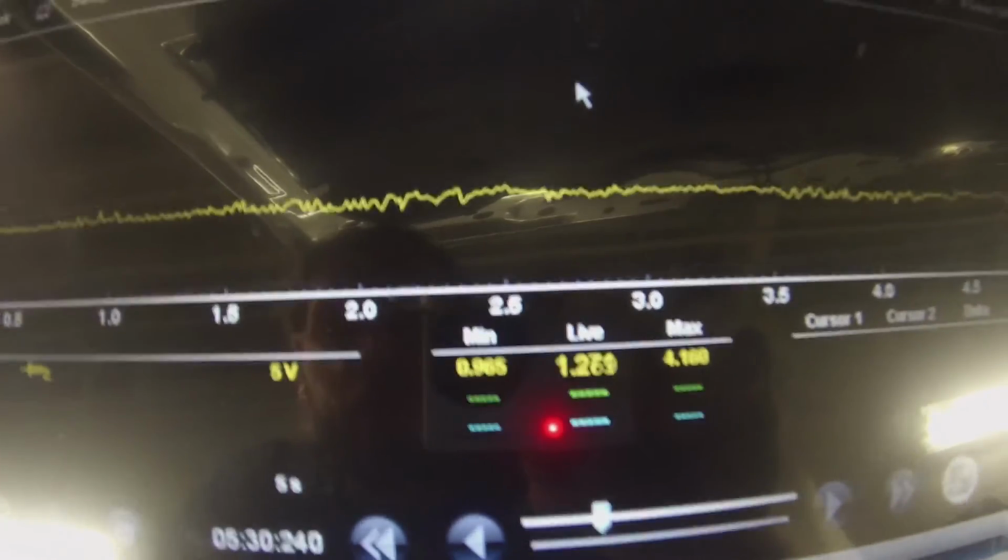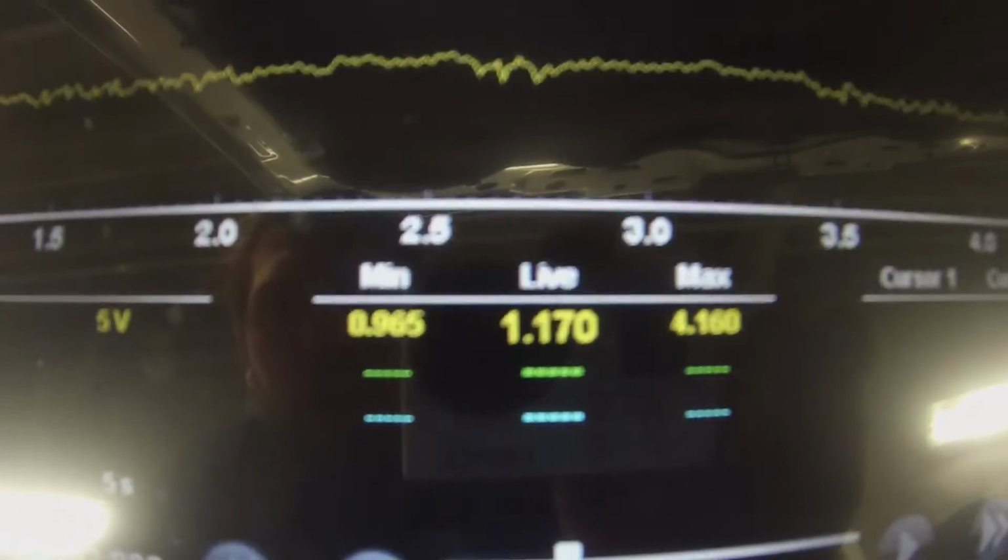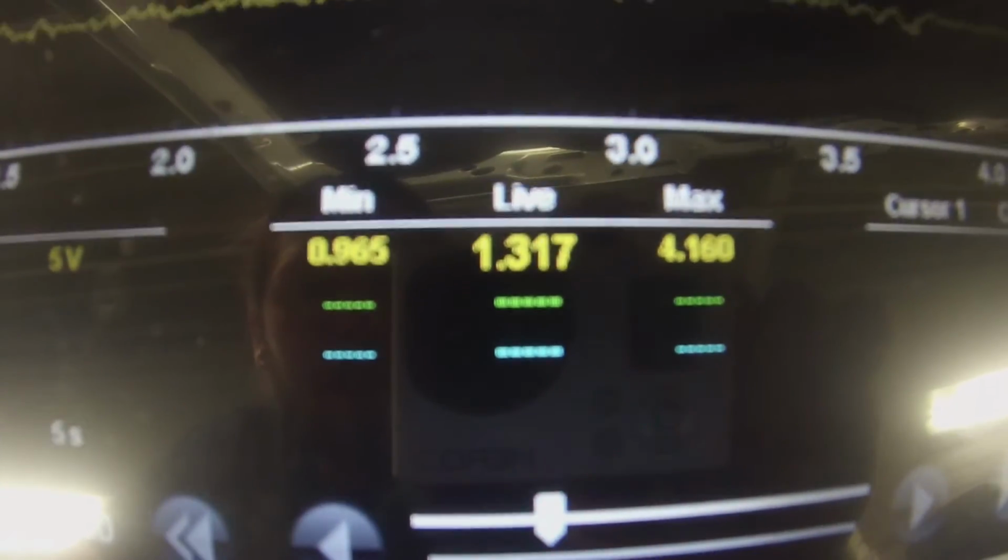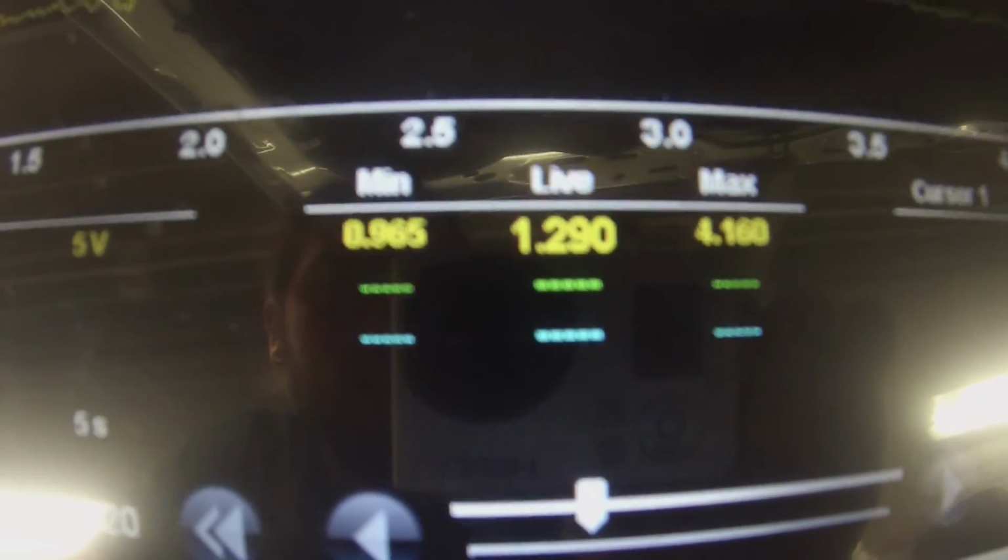See that lowest right there is 0.965. It's kind of hard to see. But that's what it was reading before. You can see this mass airflow jumping around a bit.